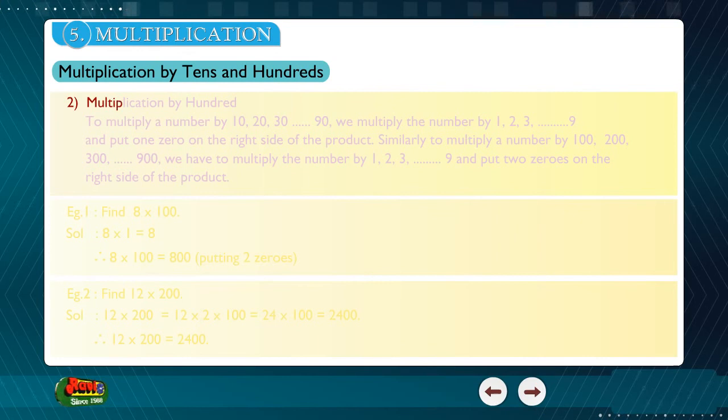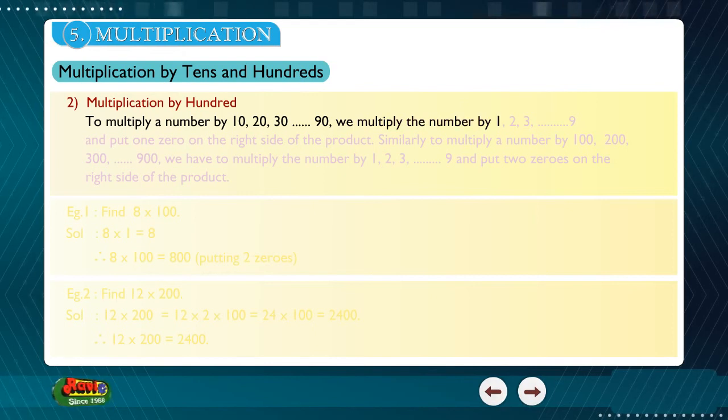2. Multiplication by 100. To multiply a number by 10, 20, 30, and so on to 90, we multiply the number by 1, 2, 3, and so on to 9 and put 1 zero on the right side of the product.